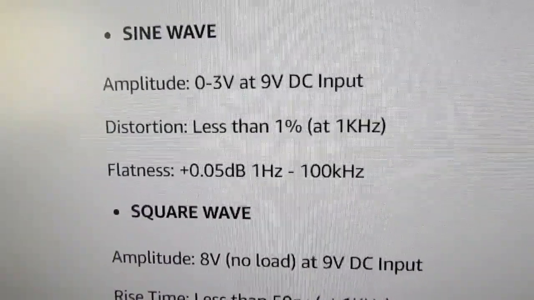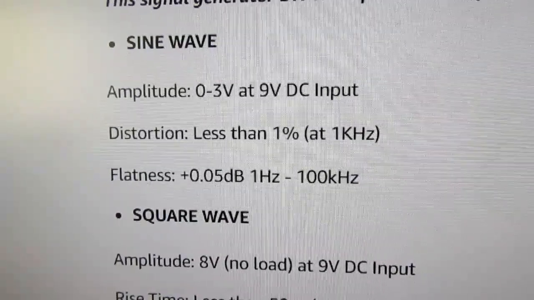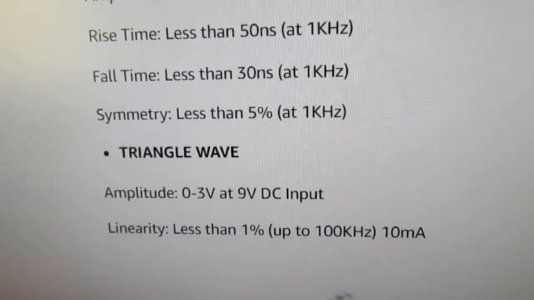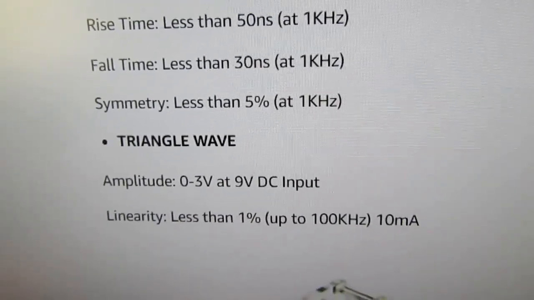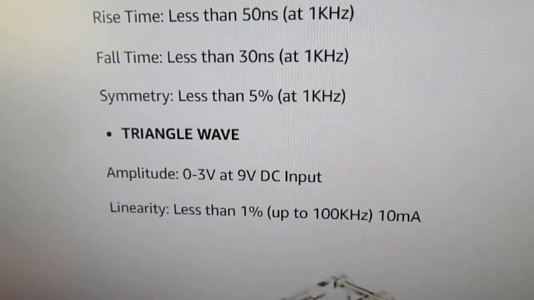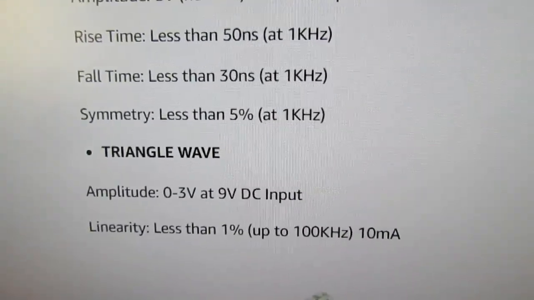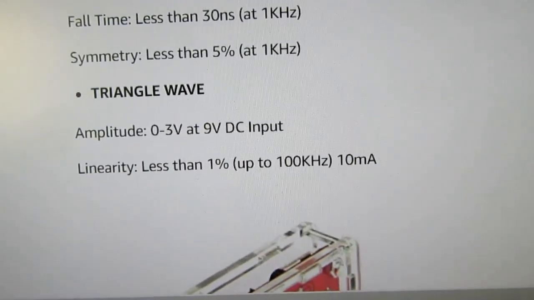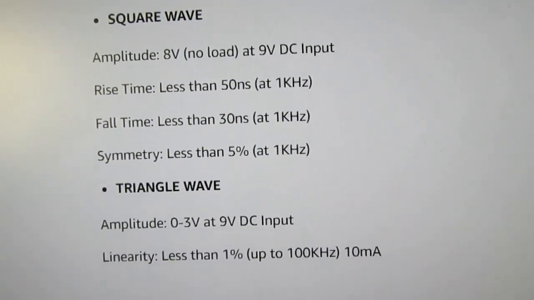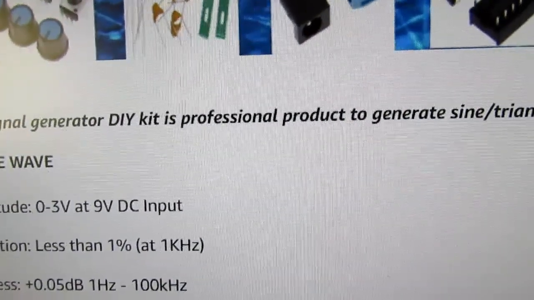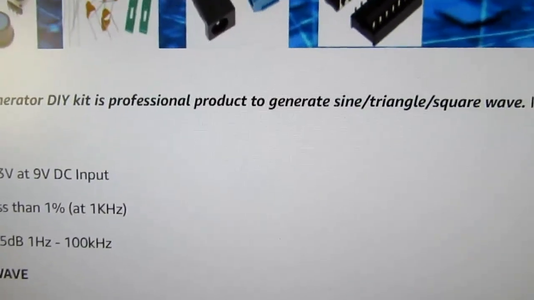That can't be true. Zero to 3 volts at 9 volts. Well, that isn't true either. These specs are pretty specious. Is it a professional product? I don't think so.